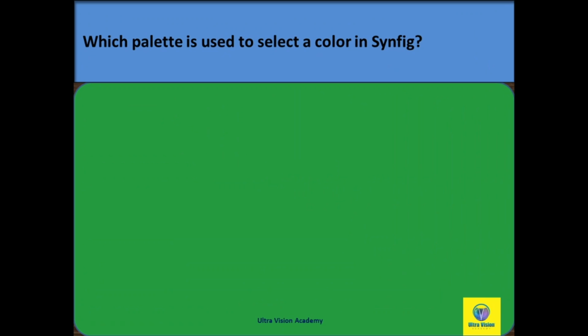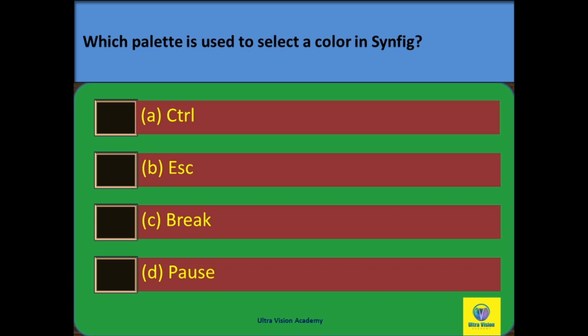Next, which palette is used to select a color in Synfig? If you want to change the color of a layer, then which option should you select?